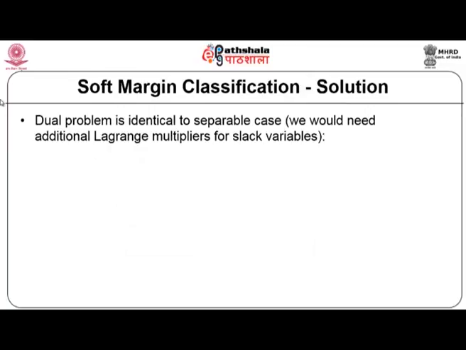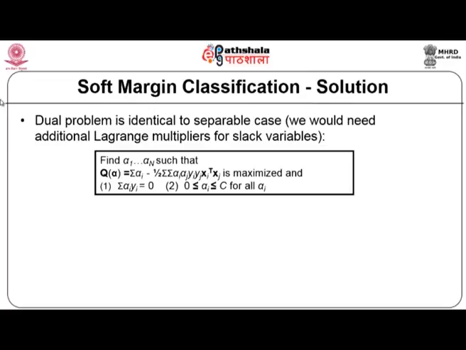It is again a dual problem, identical to the linearly separable case, where we would need an additional Lagrange multiplier to take care of the slack variables. So, you find alpha i such that you have the same thing that we did last time, except that additionally we have to take care of the slack variables. Again, x i with non-zero alpha i will be support vectors.